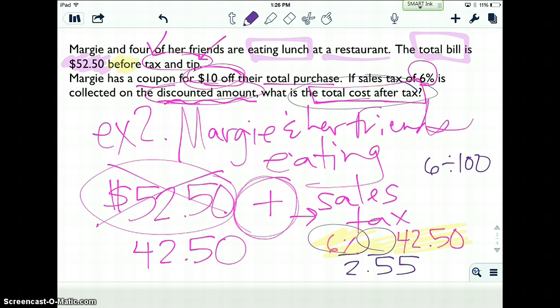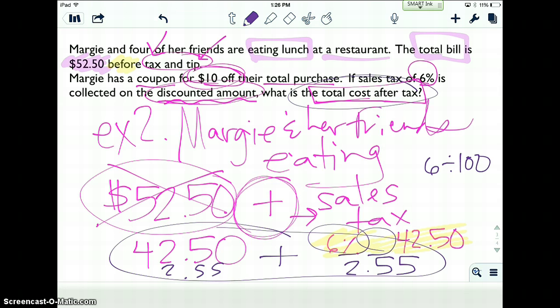So the total cost after tax with her discount, $42.50 plus $2.55. And what are we at there? We're almost there, people, to her final amount is 5, 10, 4, 5, $45.05.